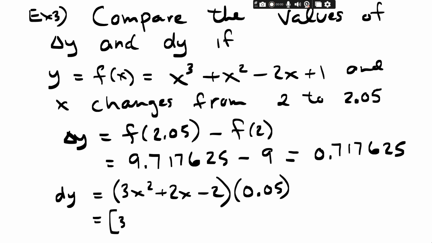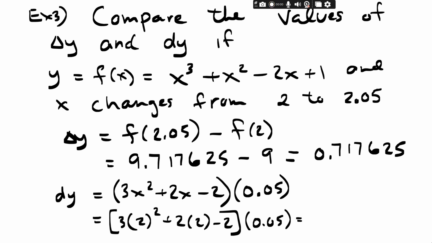We're plugging in a 2. Absolutely. 2 times 2 squared, or squared is 4, 12. 16 minus 2. Perfect, answer is 0.7. Cool. Pretty close? I think so.